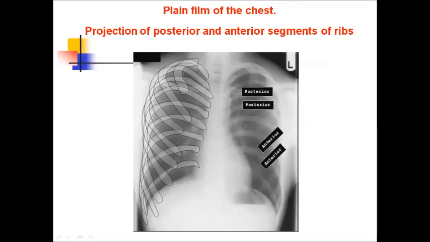Projections of posterior and anterior segments of ribs. How to recognize which is the posterior and which is the anterior end of the ribs? Usually the posterior part of the ribs goes horizontally and the anterior part goes from top to down in an oblique direction.